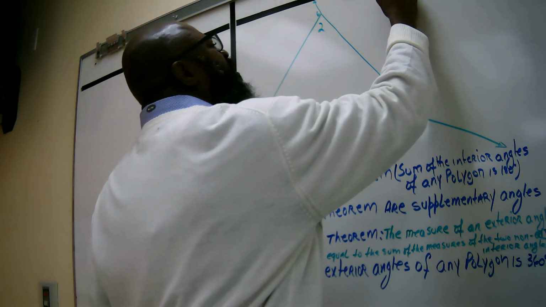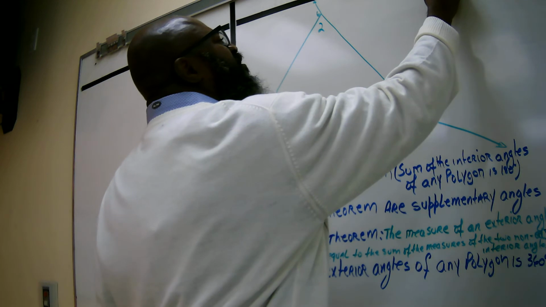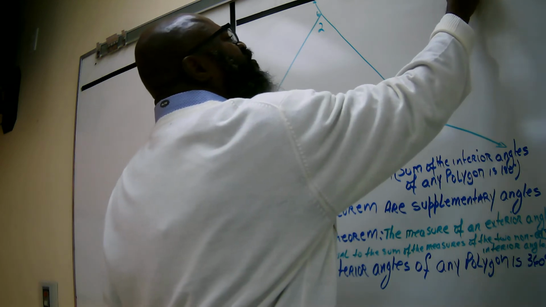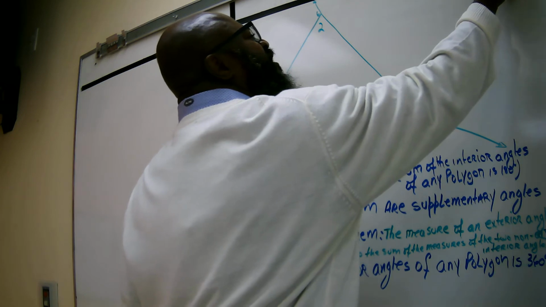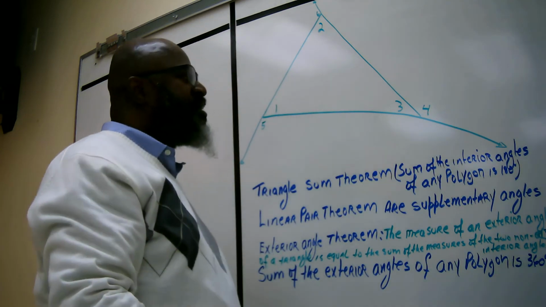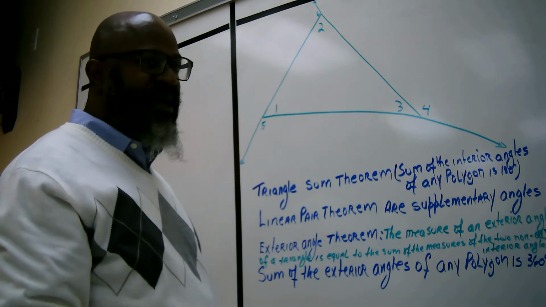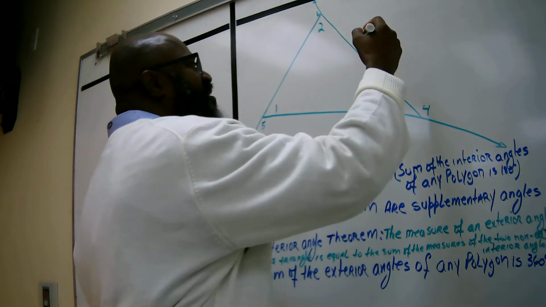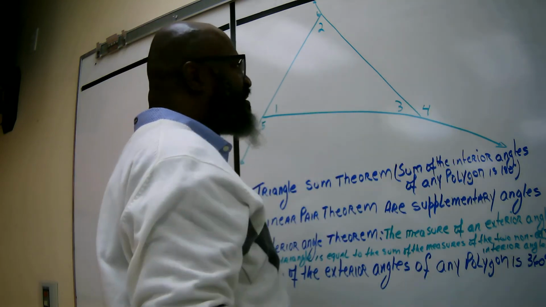That's one of the theorems that we have to use very often when solving triangles to find the measure. Also, we have a theorem that says that the sum of the exterior angles of any polygon is 360.